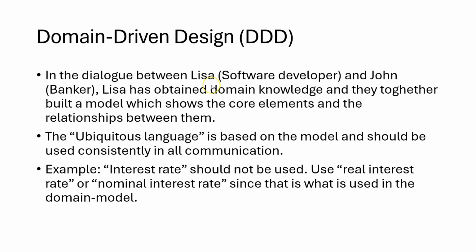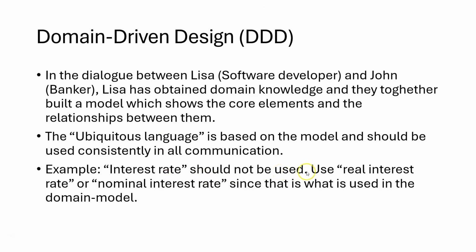In the dialogue between Lisa, the software developer, and John, the banker, Lisa has obtained domain knowledge, and they together built a model which shows the core elements and the relationships between them. The ubiquitous language is based on the model and should be used consistently in all communication. So for example, interest rate should not be used.